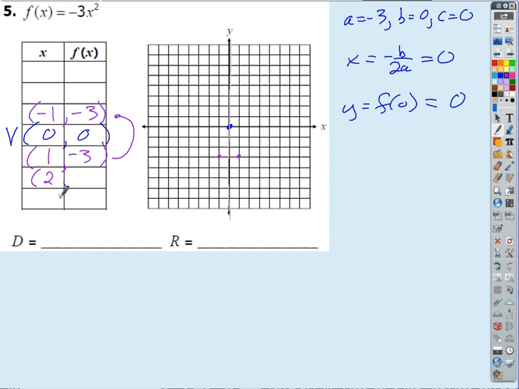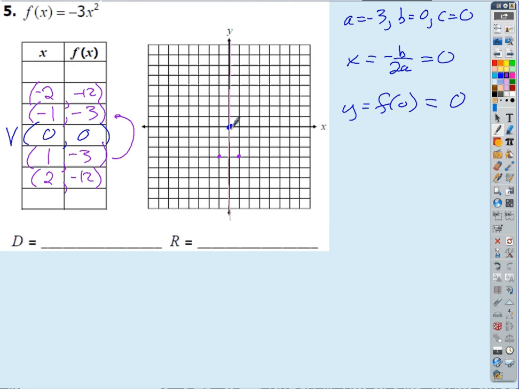That's already off the graph, isn't it? Then if I reflect that, I'm going to get positive 2, and I get the same y value because they're reflecting. But either way, I can't even draw it because it's already off the graph. That would be negative. Negative, oh, you're right, negative 2. Yep.